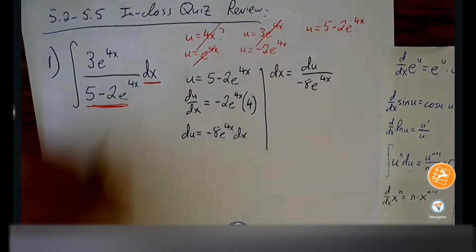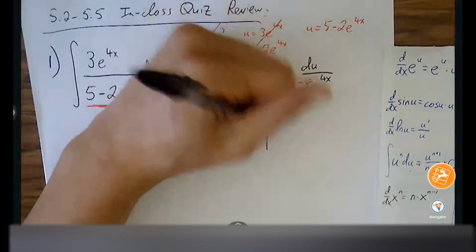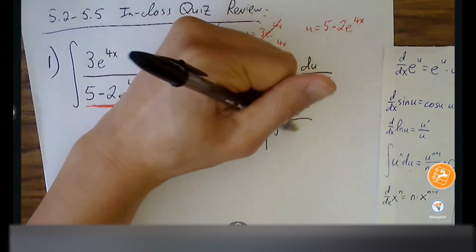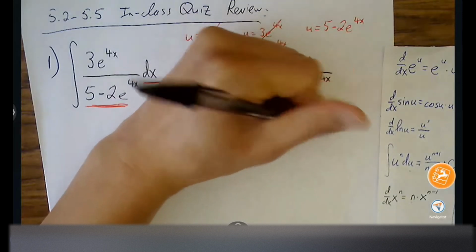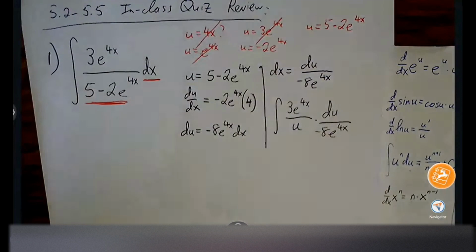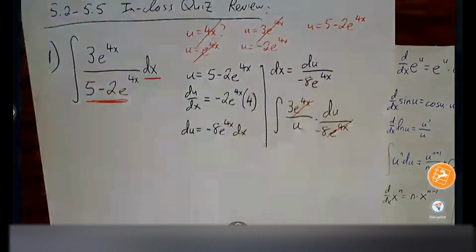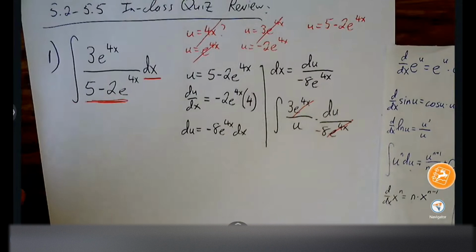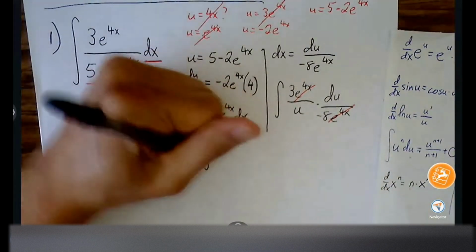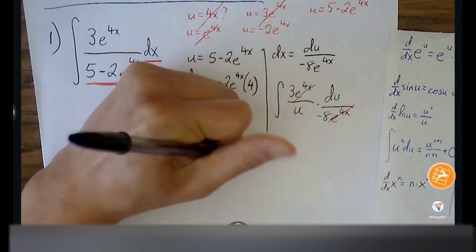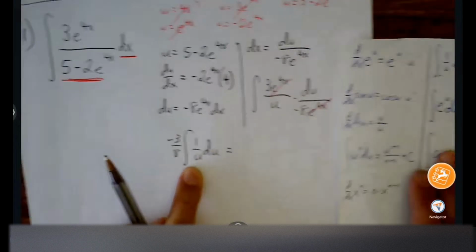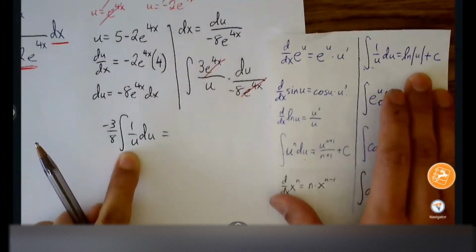Okay, we make our substitutions here. Okay, e to the 4x drops out. We can push out that negative 3 over 8. And now we're left with a rule that matches perfectly, natural log.